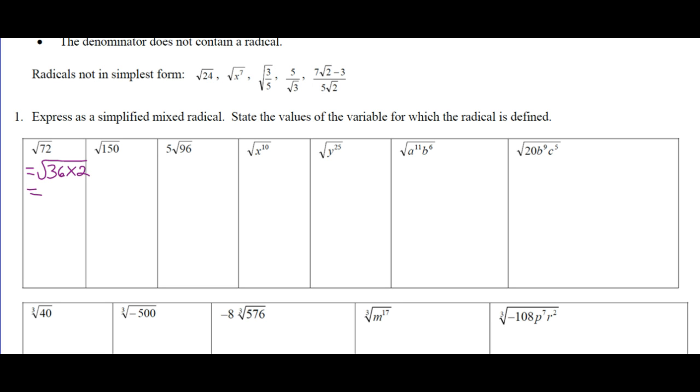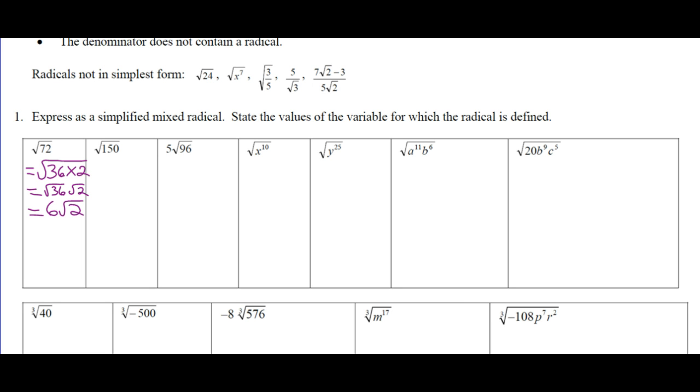The square root of a product is the product of the individual square roots. So this is root 36 root 2, and root 36 is 6, so it becomes 6 root 2. You can do that in one step. You just look at that and say 6 root 2, and it's all good. And if you want, you can show it that way.